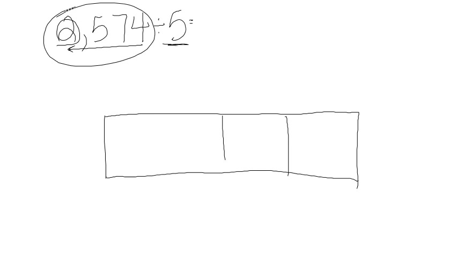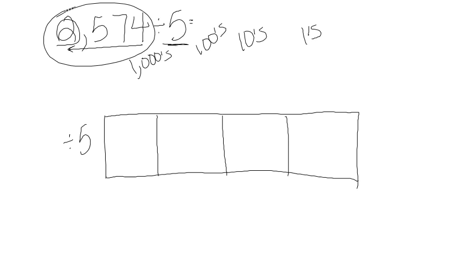So we need to split this into 4 groups. We've got ones, tens, hundreds, and thousands. Okay, we're dividing by 5, and I'm going to go ahead and put our dividend in the first box here.